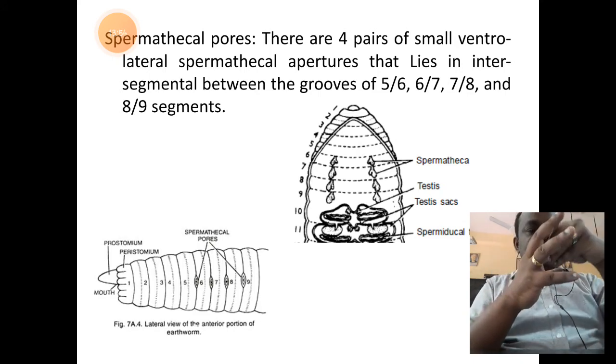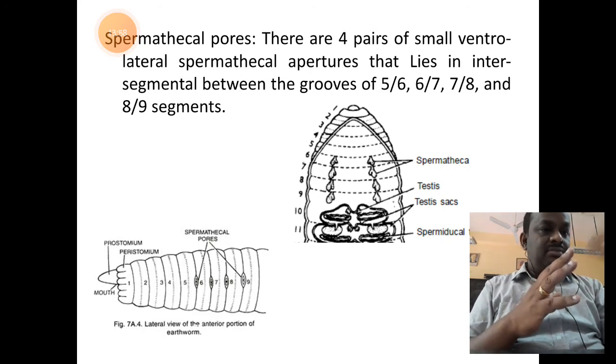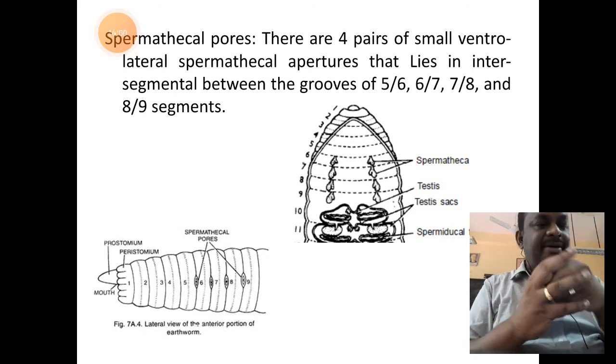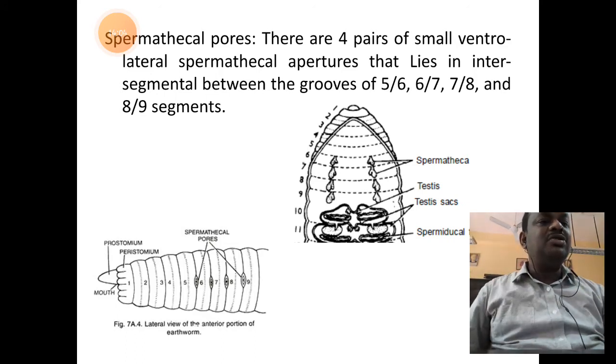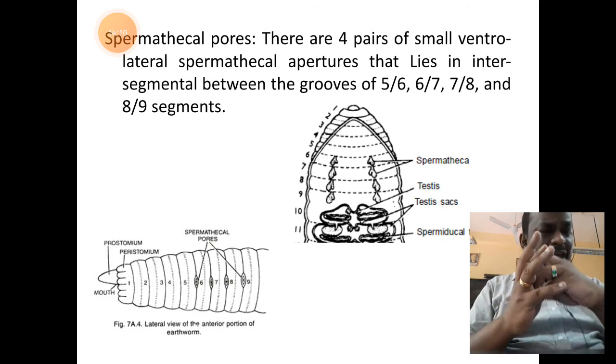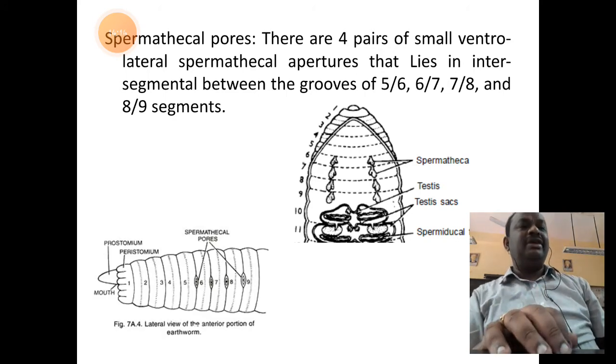So the sperms of the other earthworm are stored here, and those sperms are shed out during the process of fertilization, that is cocoon formation, and the way through which they come out is the openings of spermathecal pores.